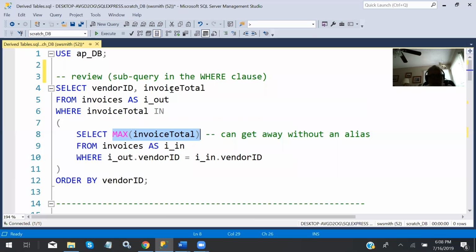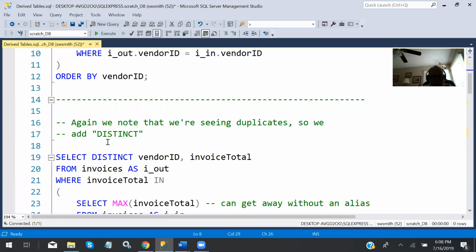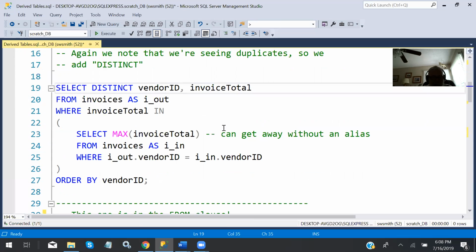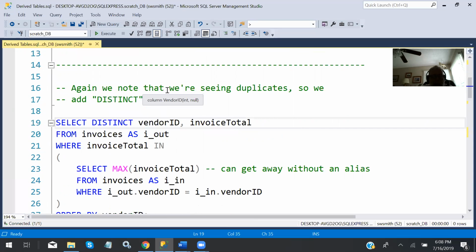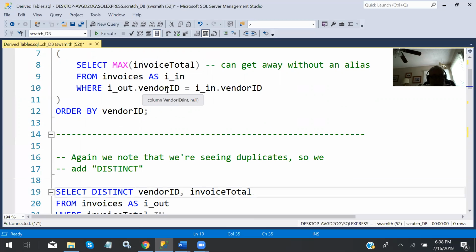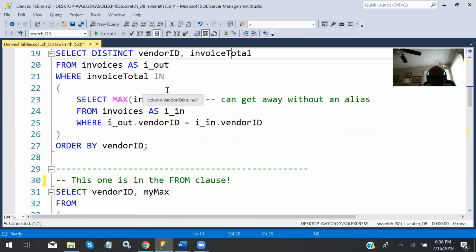So if the vendor is the maximum, I'm going to get duplicates. Well, we can put the distinct in there. Select the distinct vendor ID, invoice total, and that will suppress it, and that's fine. Most of the time, I don't really care if I have duplicates. Most of the time, I'm sending it up to a web page for further processing, and I'll worry about that when I get up there.